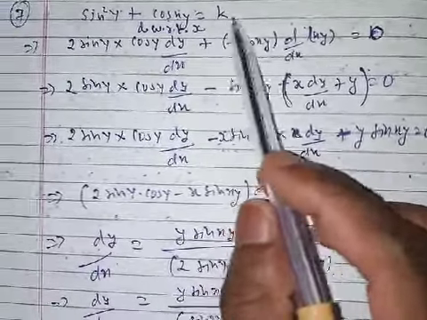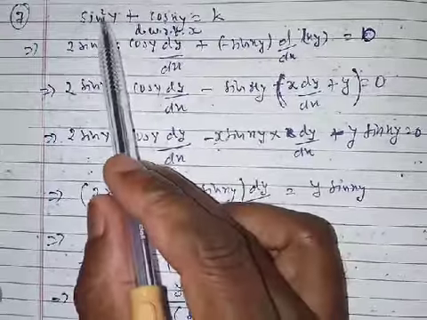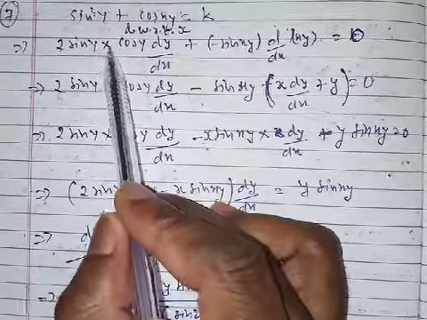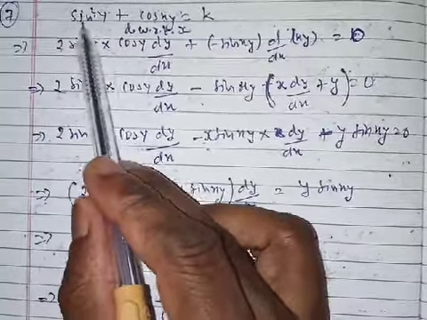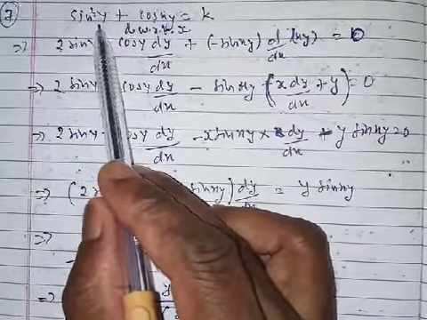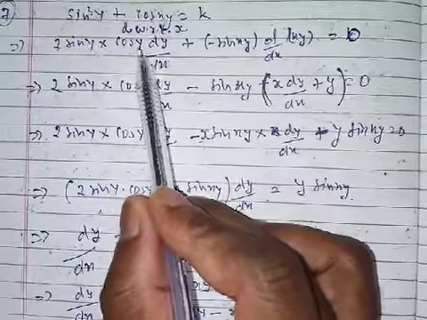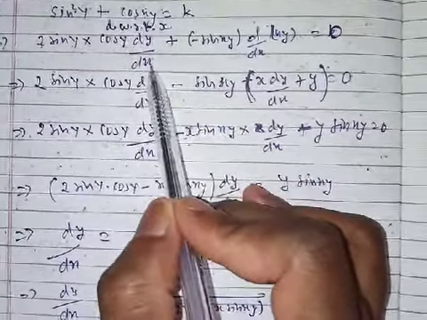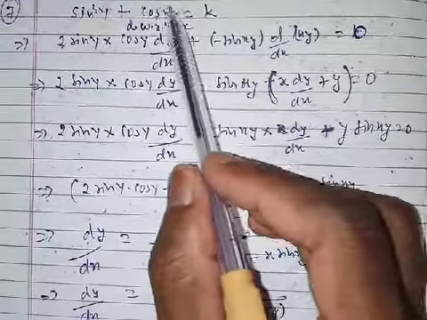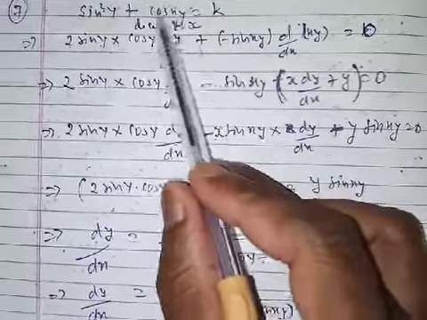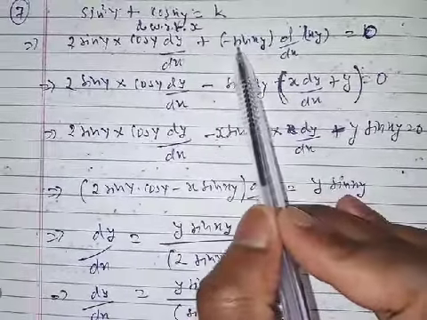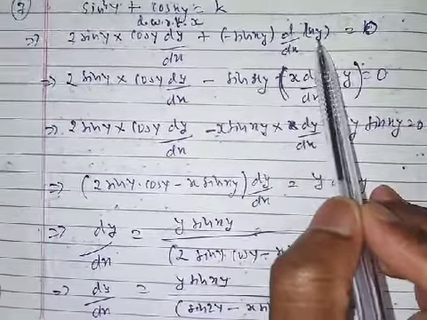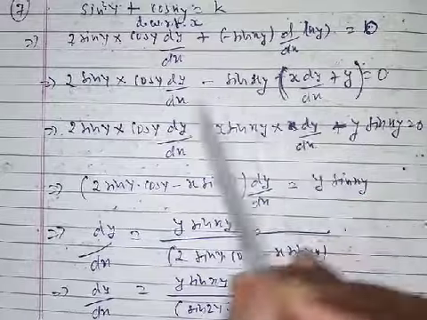This is the way we have to take the derivative. So first with respect to power, 2 sin y into the derivative of sine, which is cos y, and the derivative of y is dy by dx, plus now the derivative of cos is minus sine xy, then the derivative of xy, and k is equal to 0.